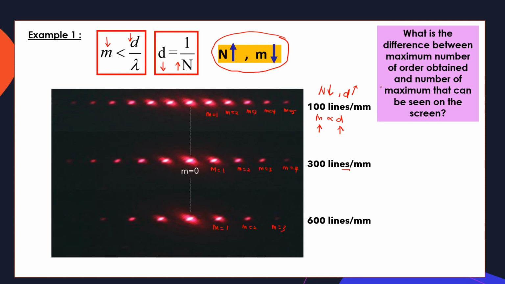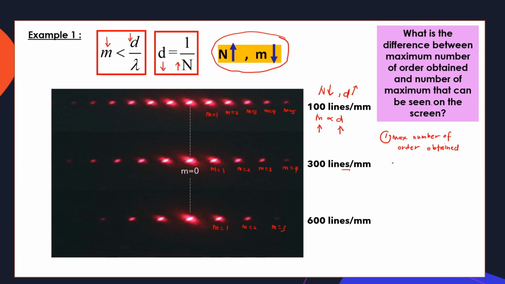Now look at this question. What is the difference between the maximum number of order obtained and the number of maximum that can be seen on the screen? Let's write the first one: what is the difference between the maximum number of order obtained on the screen?